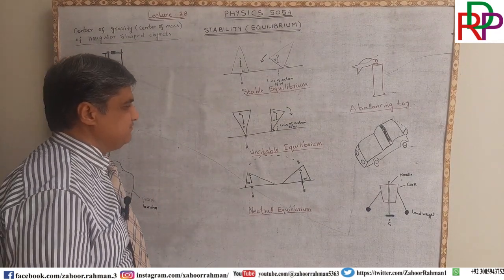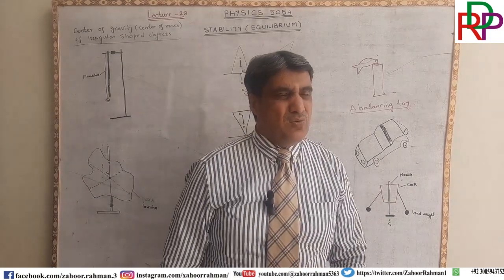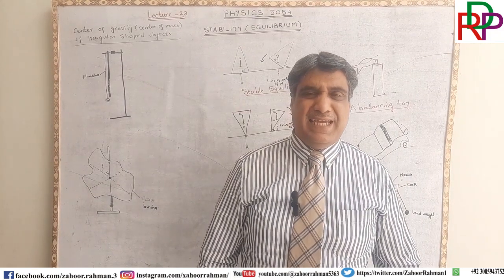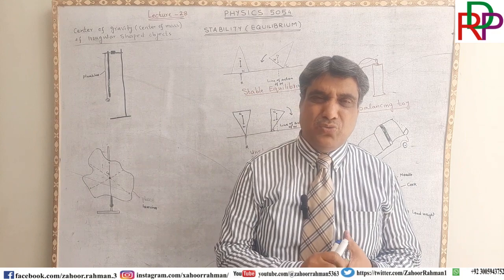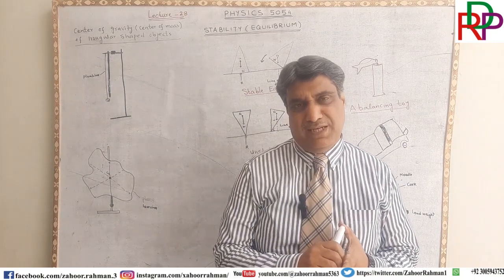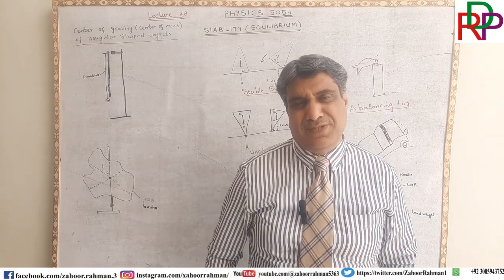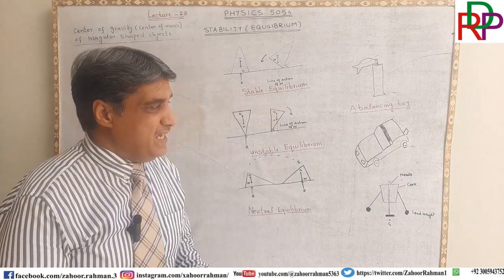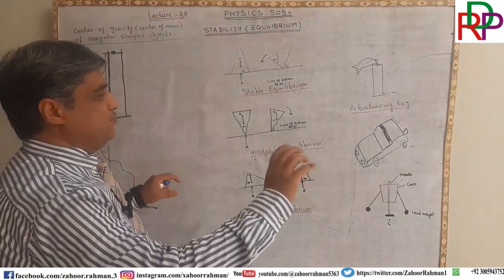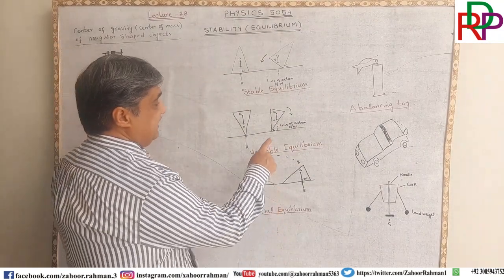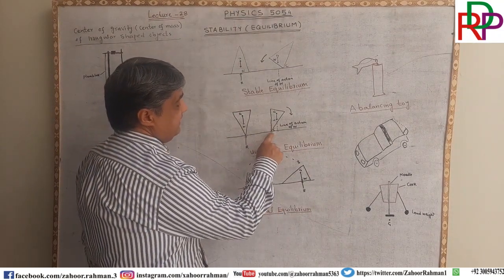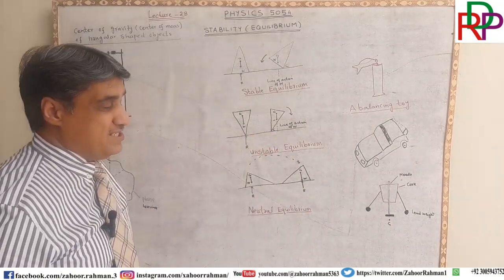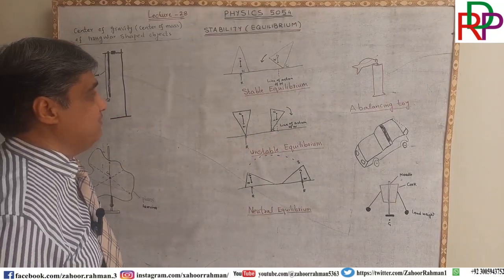Ladies and gentlemen, for equilibrium to take place, there are two very important phenomena you have to observe. One is that the base area must be wide. Here in this case, the base area is not wide, so it is not getting any equilibrium.